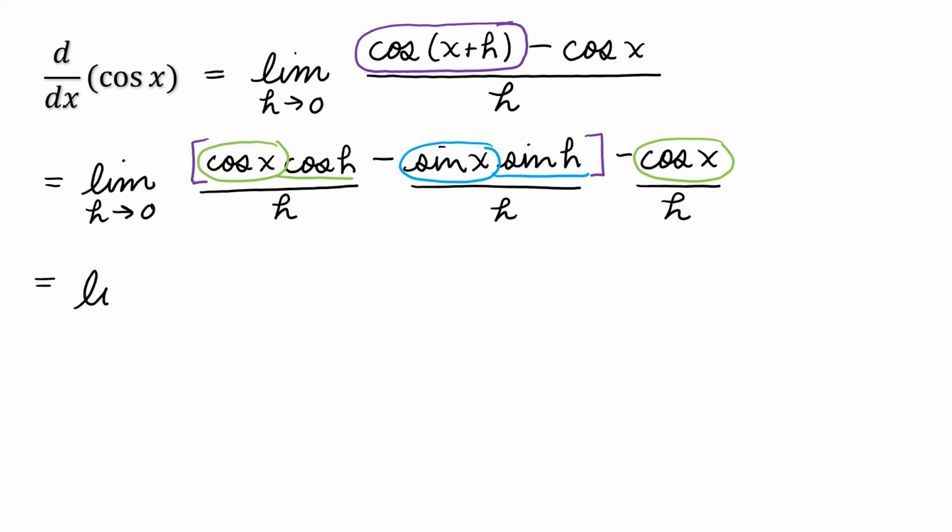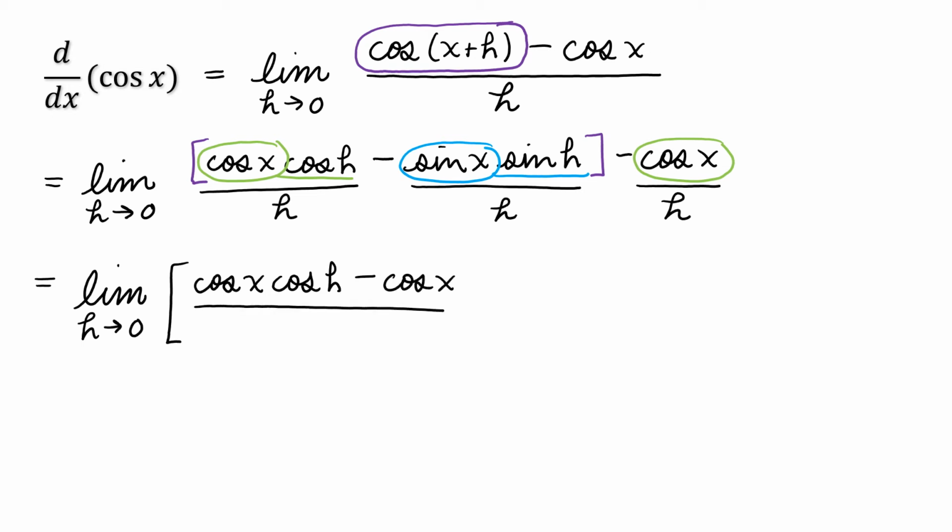So this is equal to the limit as h approaches 0 of, let's first look at our cosines. So we have the cosine of x times the cosine of h minus the cosine of x over h, because they have that common denominator.